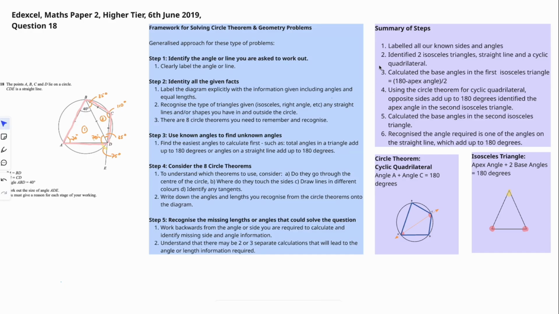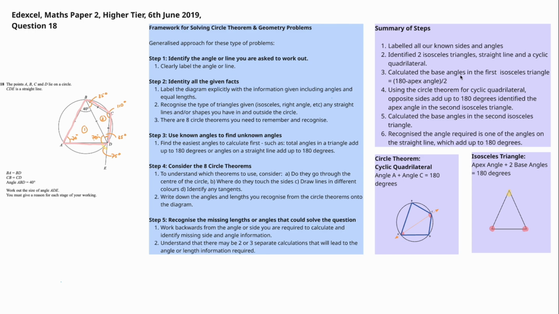So let's do a quick summary of all the steps we took to solve this problem, which was to find angle ADE. We found out that that was 75 degrees. The first thing we did was label all our known sides and angles that were given to us in the question. We identified that there were two isosceles triangles and a straight line here. And we also later on identified that there was a cyclic quadrilateral as a circle theorem that existed within this circle.